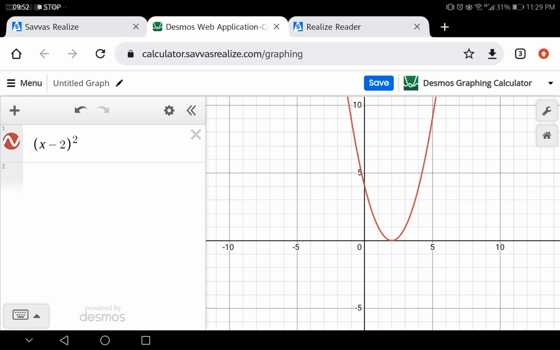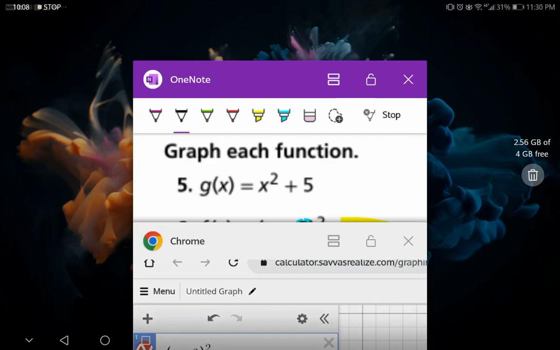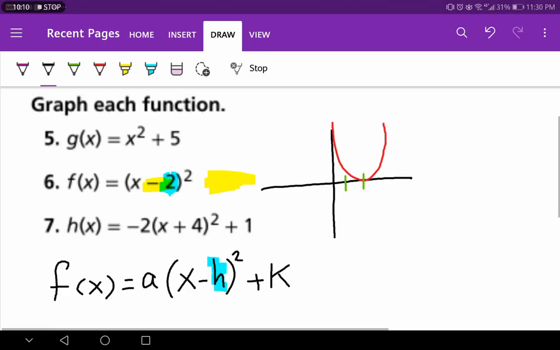And the vertex is, see, this is the vertex, 2 and 0, because I move to the right 2 steps, but I don't move up or down. Because of that, the y is 0. Are you happy with that? Me too.